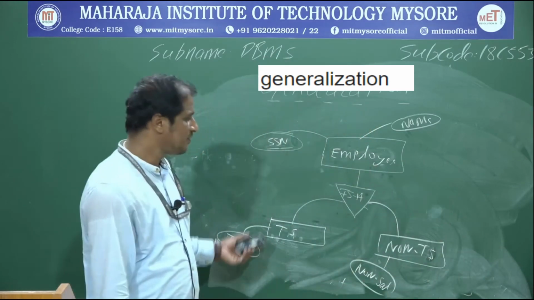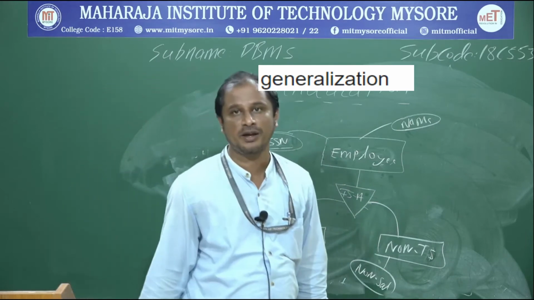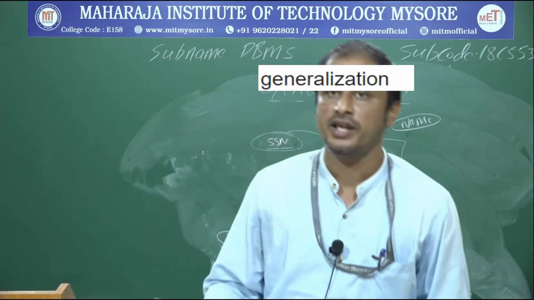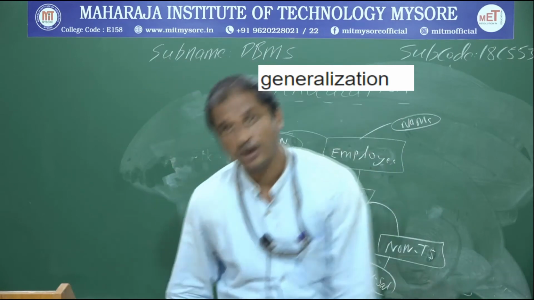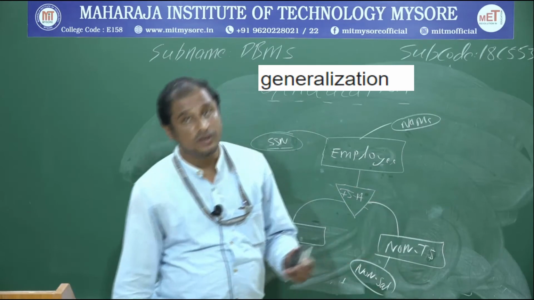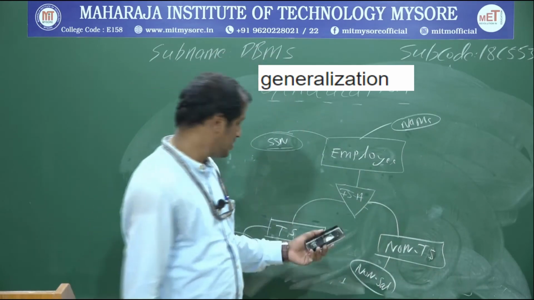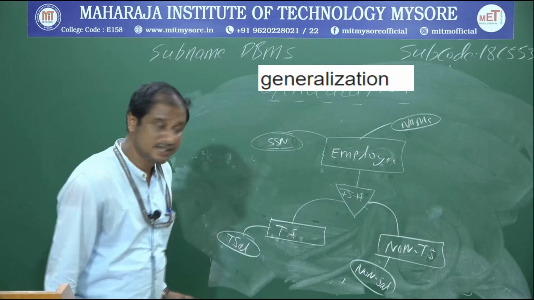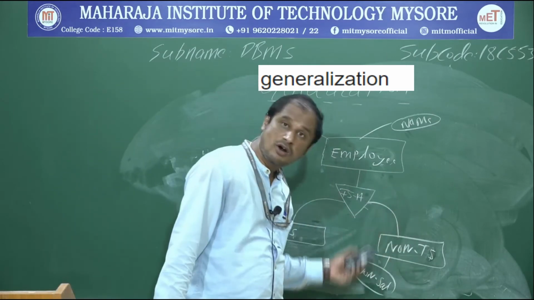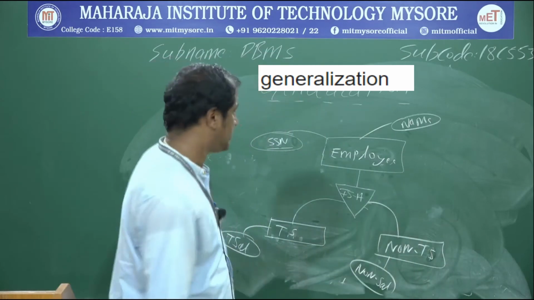So that's teaching staff and non-teaching staff. This is called the super class, that is employee. It contains account number and name. Now we split employees into subclasses, that is teaching staff and non-teaching staff, where teaching staff contains teaching salary and non-teaching staff contains non-teaching salary as an attribute.